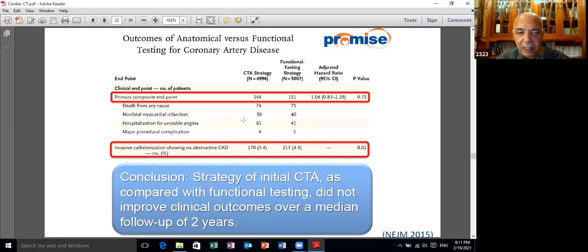But the difference came here: patients who had CT angiography were less able to identify ischemia than patients who had the nuclear scan.